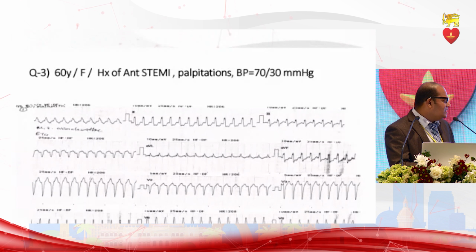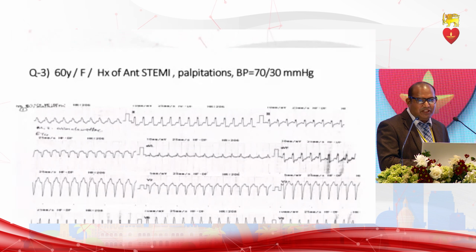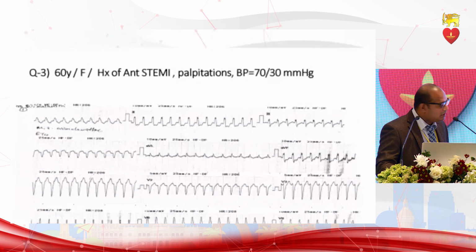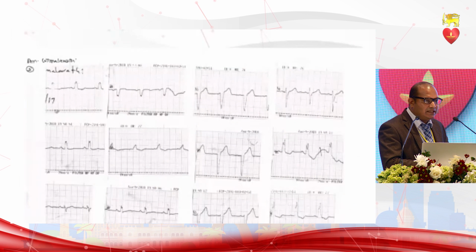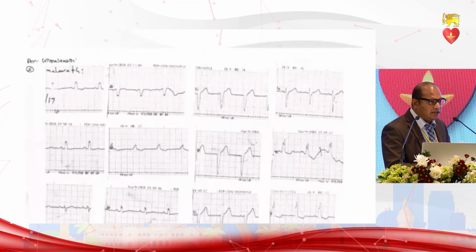Look at the features that we discussed previously carefully and see what we can figure out here. So this is her sinus rhythm ECG, where the rhythm was managed in the acute setting.